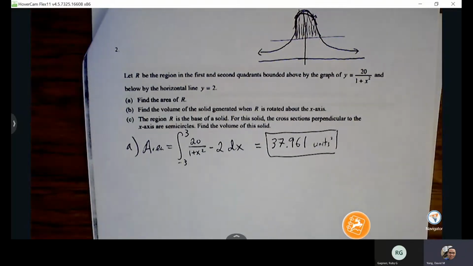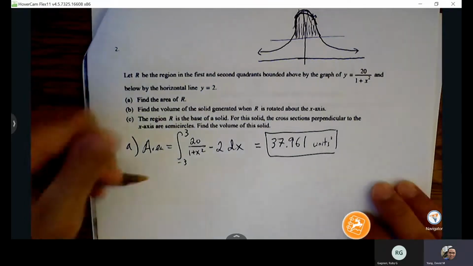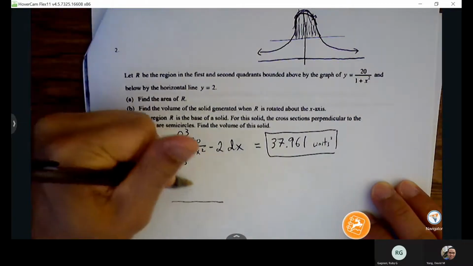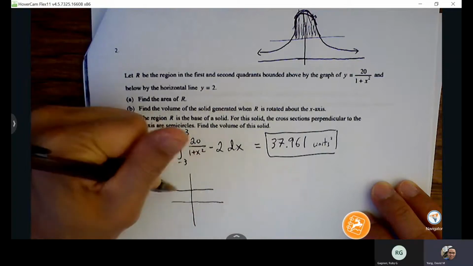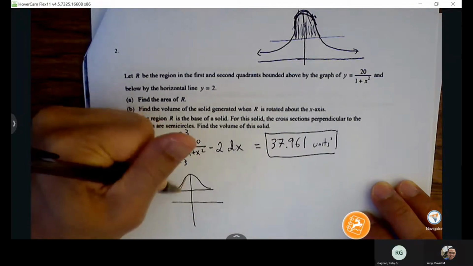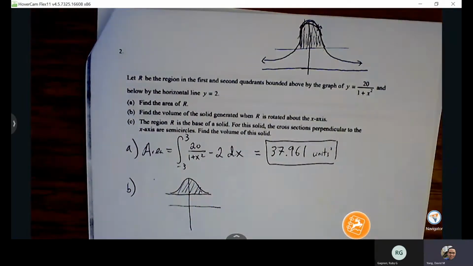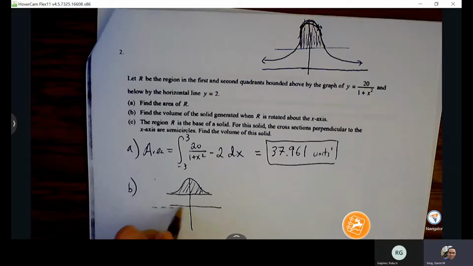Okay, volume of the solid generated when R is rotated about the x-axis. Again, washer method.